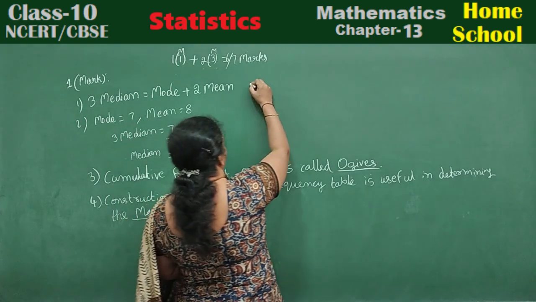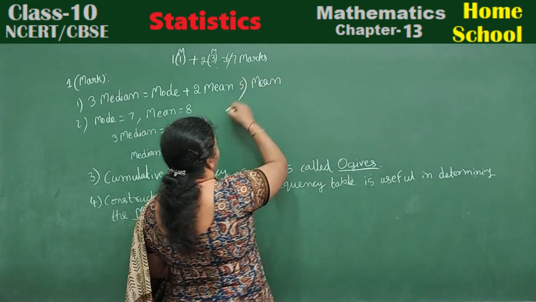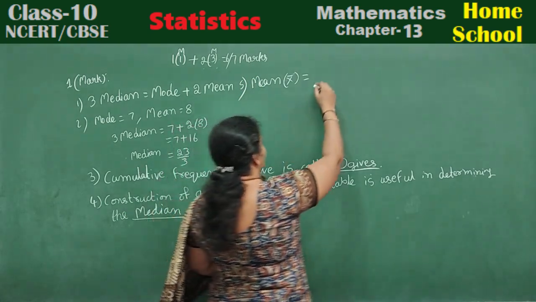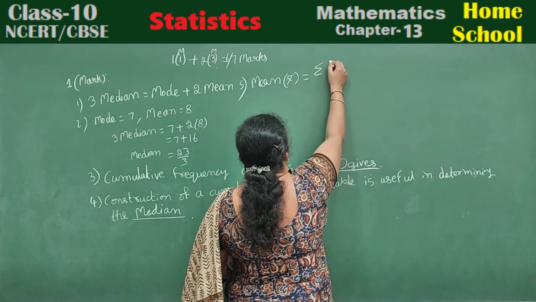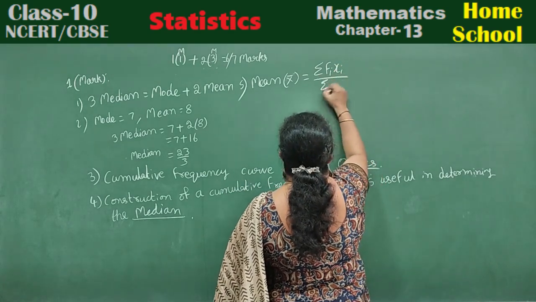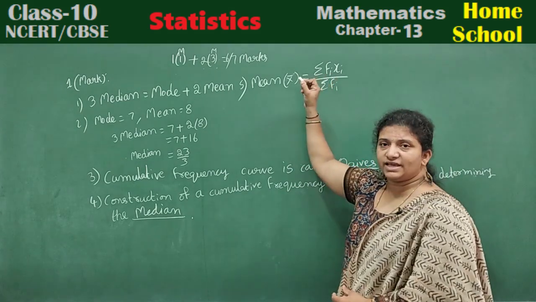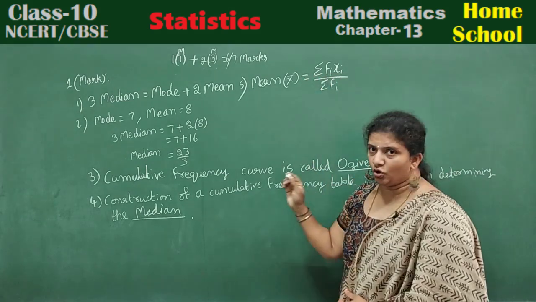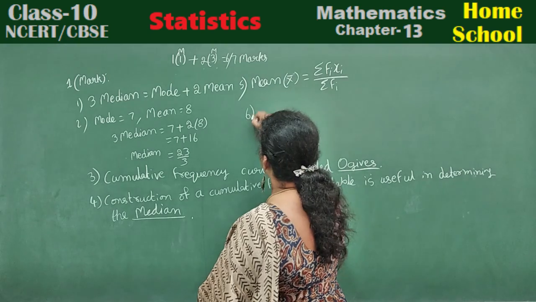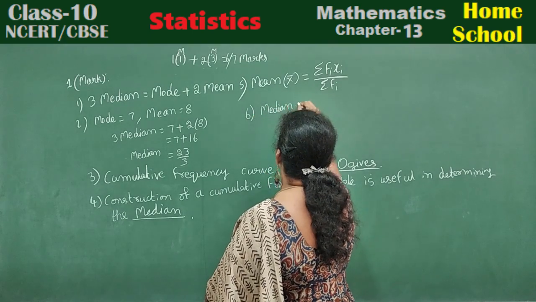And they may ask you, what is the formula for mean x bar? Mean x bar is equal to summation fi xi by summation fi, where f is the frequency and xi is the score.